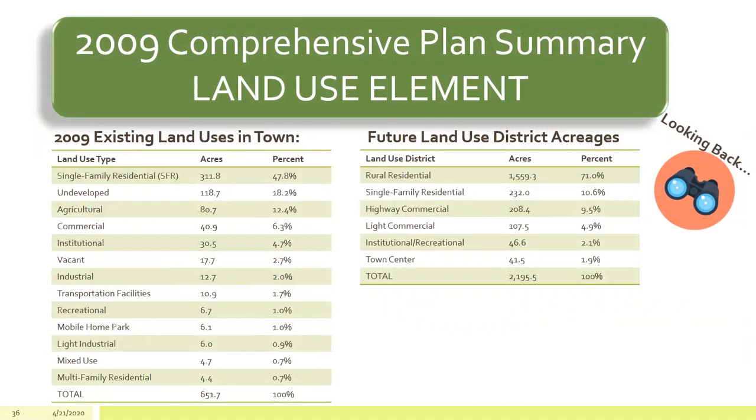So now we are looking back at the 2009 land use element. What I want you to take note of here is the 2009 total acreage in town of about 652 acres, compared to the future land use mapping and district acreages as imagined in the 2009 comp plan, which totals just over 2,000 acres.